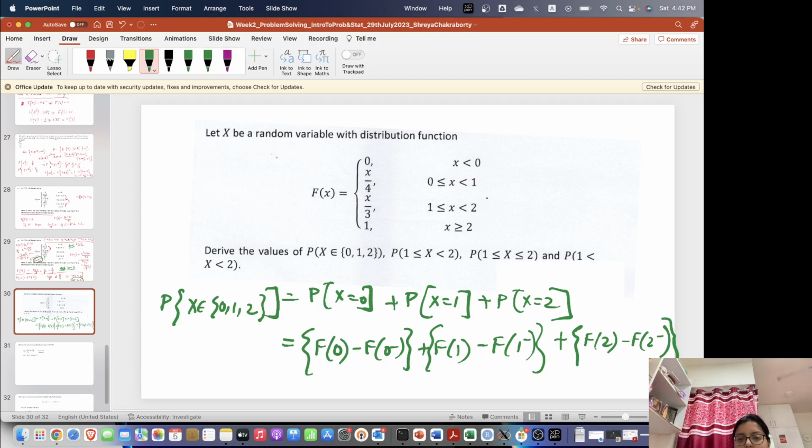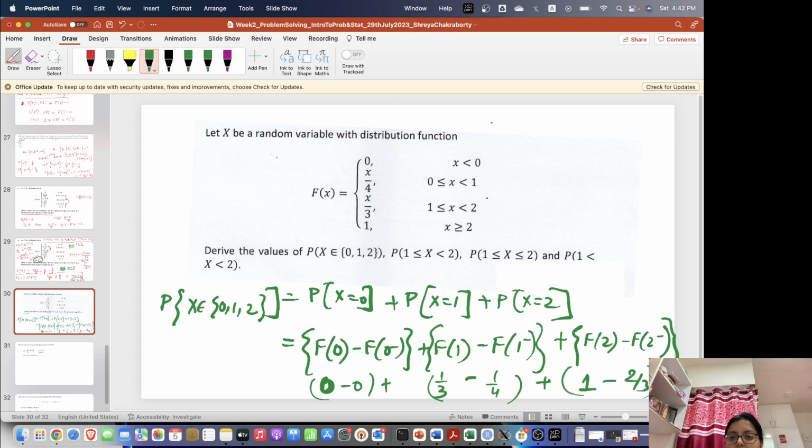So f0 is the value at 0, we put it here, 0. f0 minus, less than 0, is also 0. Plus f1. f1 is how much? 1 by 3. Minus f1 minus is how much? 1 by 4. Plus f2 is 1, and f2 minus, we substitute the value of 2 here, is 2 by 3.